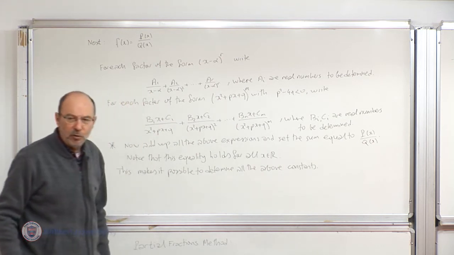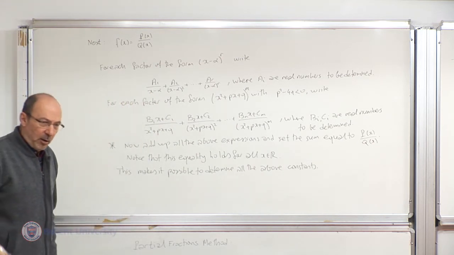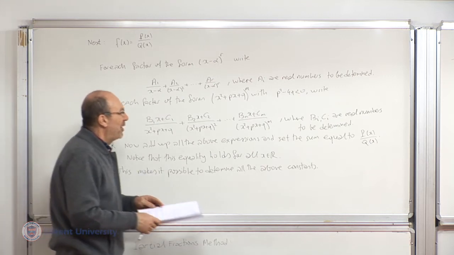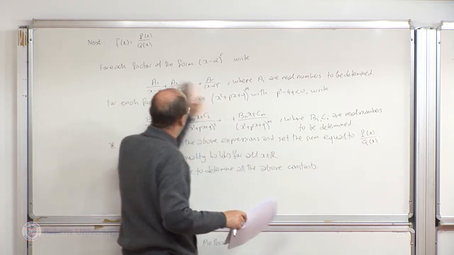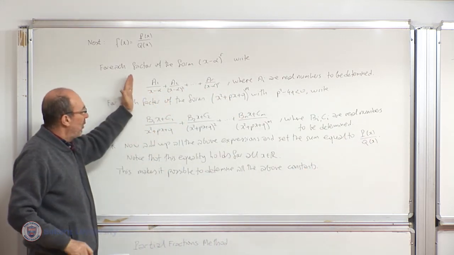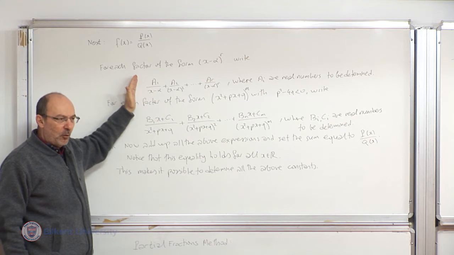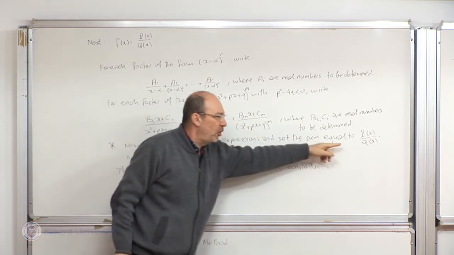Okay, one way to do this is, well, the longest way is on the right-hand side, generally we write this on the left-hand side equal to all these sums. The sum of all these things is a rational function. You bring it to common denominator. What is the common denominator here? You can immediately tell the common denominator is going to be q of x.